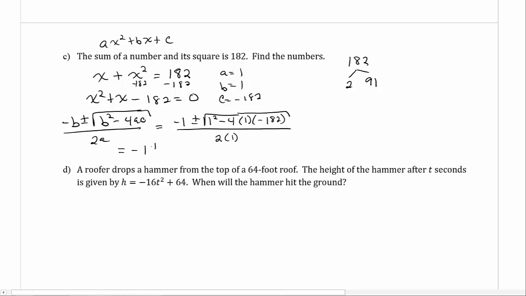So we have negative 1 plus or minus the square root of 1 plus 4 times 182. And that gives you 728. And this all gets divided by 2. So on the top we have negative 1 plus or minus the square root of 729 all over 2.